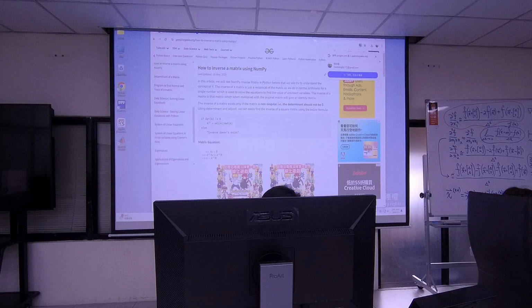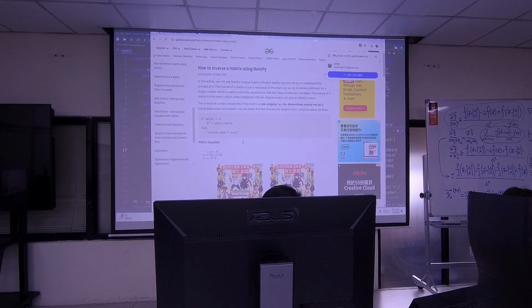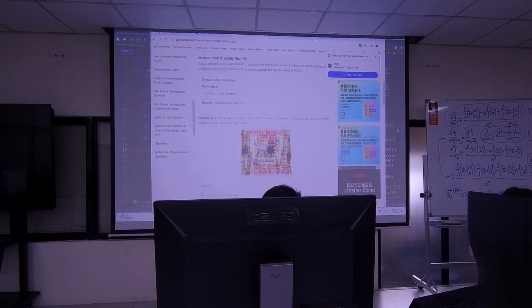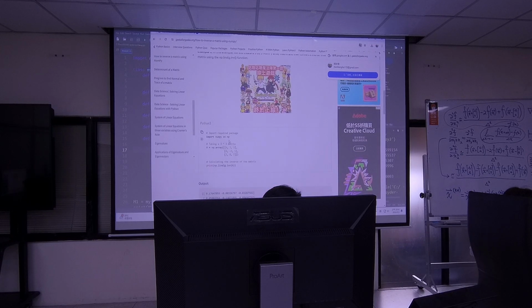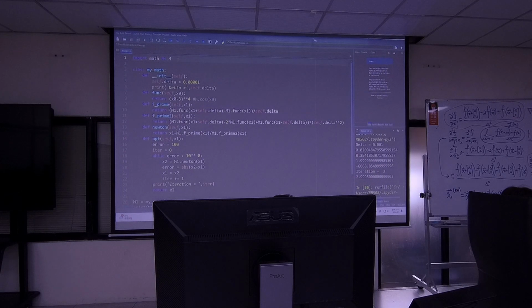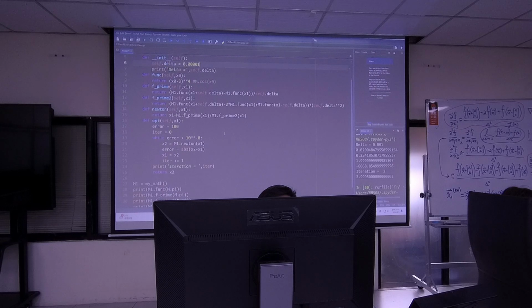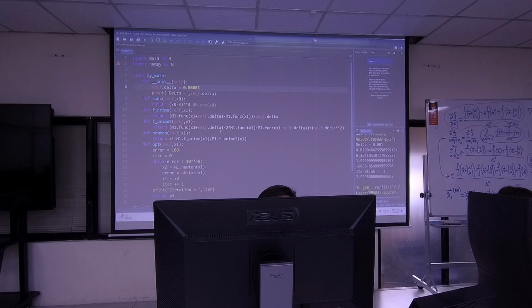But before I do that, I need to make sure I can do the inverse of a matrix. So I need NumPy. Okay. So import NumPy as np. Okay, I need this. Then I will need to define my function.